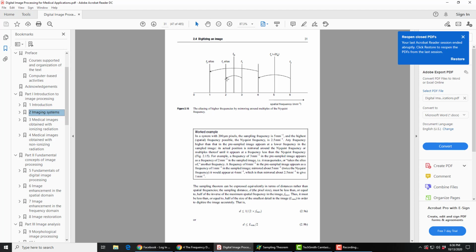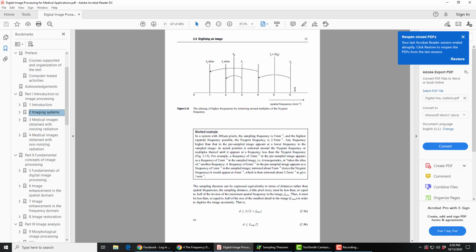It occurs as far below the Nyquist frequency as it was above in the original. And again, with a sampling frequency corresponding to 200 micrometer pixels, if we had a frequency of 4, it will appear in this digital image at 1. It'll be mirrored about the Nyquist frequency.